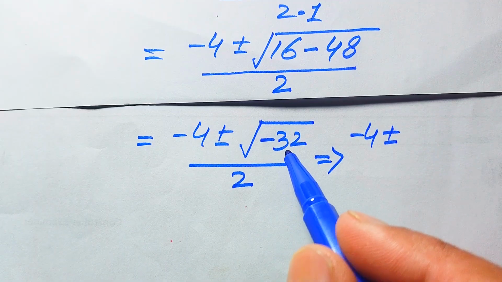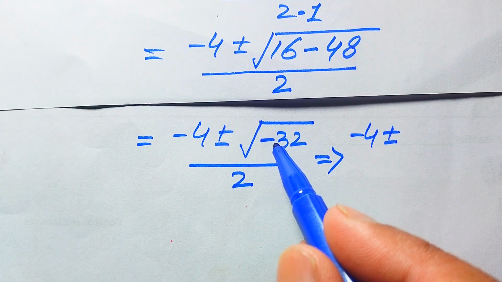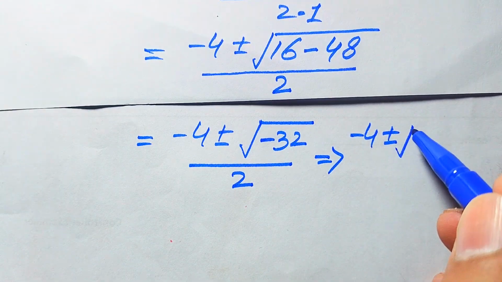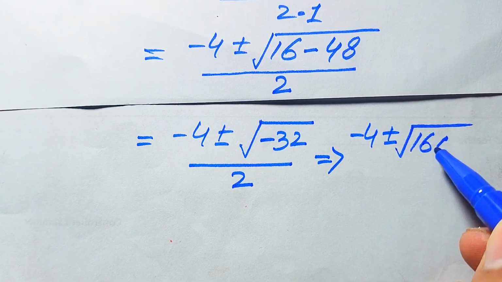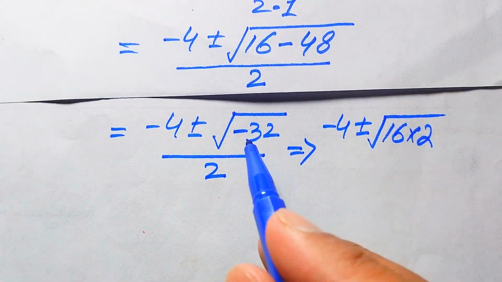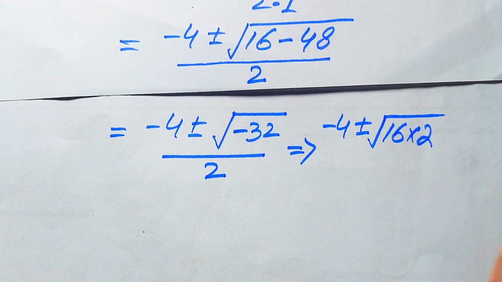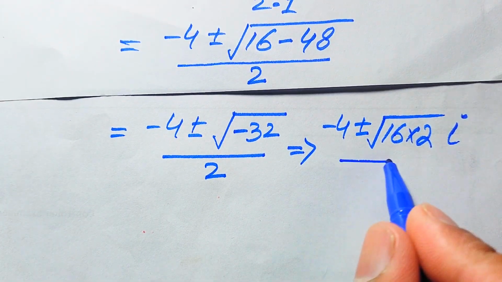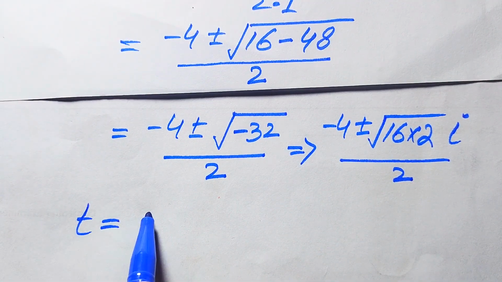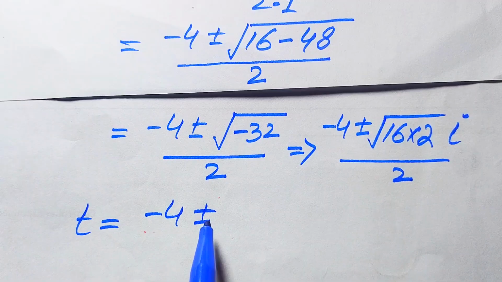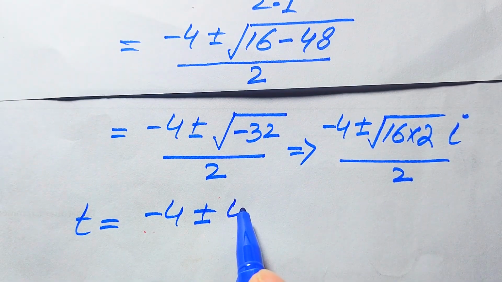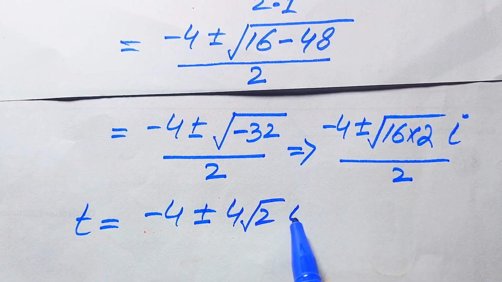Here we rewrite this equation as minus 4 plus minus. We know that when a negative sign appears inside the square root, it becomes iota, and we break this 32 as 16 times 2. This square root of minus becomes iota, divided by 2. Now in the next step we have t equals minus 4 plus minus the square root of 16, which is 4, times square root of 2 into iota.